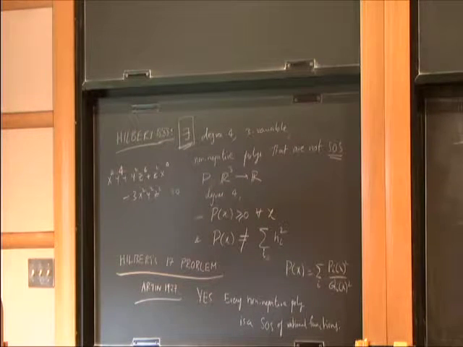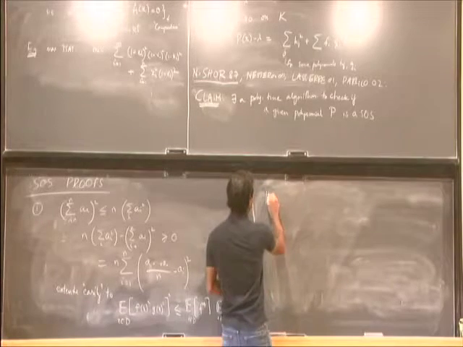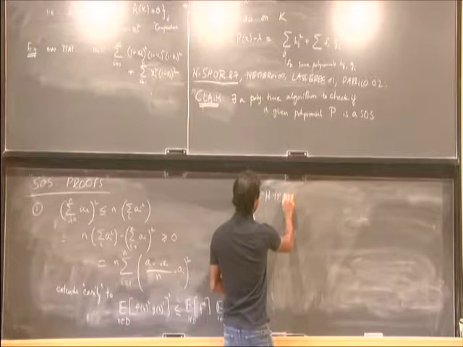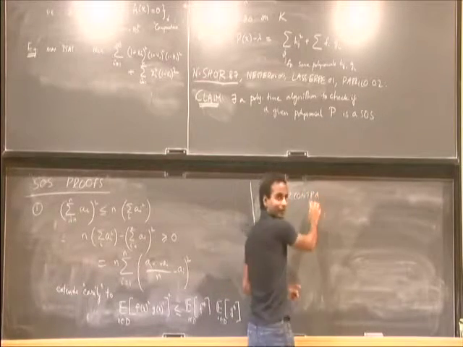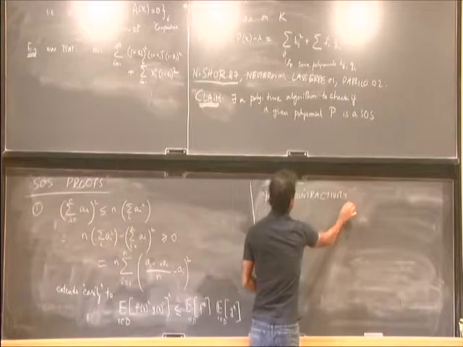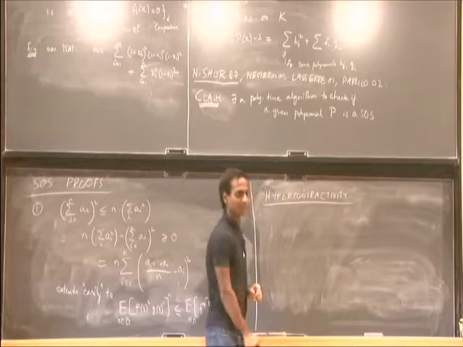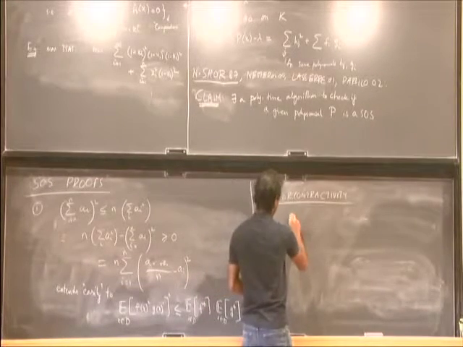So I want to prove the following inequality in sum of squares, and I think I have time for that, yeah, 5 minutes. Okay. So the inequality I want to prove is the following.